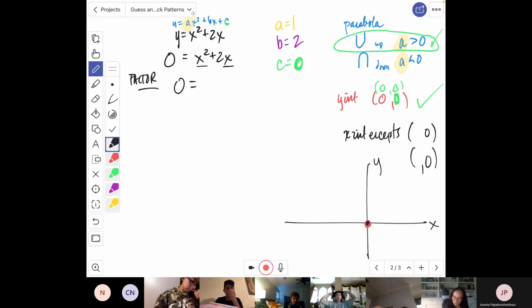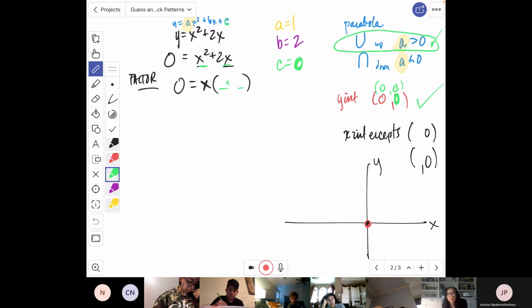What can I factor out of each of those terms? Anybody? Do we know how to factor the right-hand side? X. Okay, so if I factor out an x, let's see what's left over.